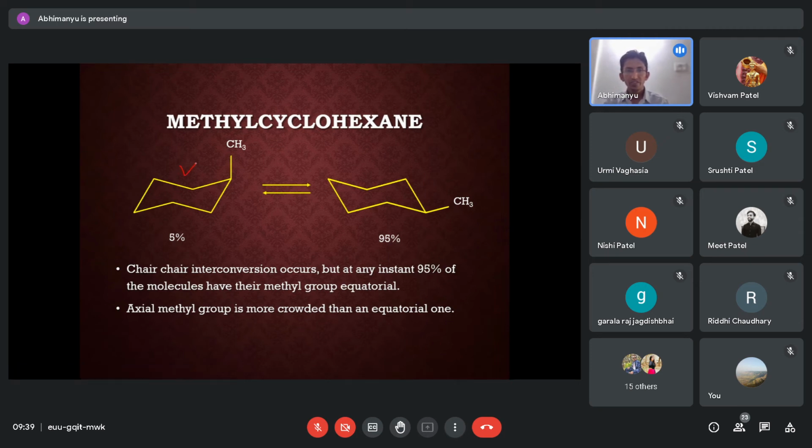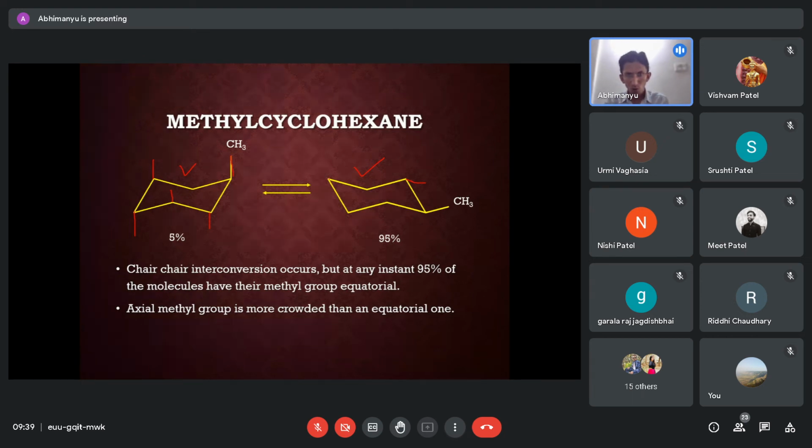First and second are both the chair conformations. But એમાં જે first methyl છે એ straight line માં, all are straight line. And straight line is known as the axial bond.